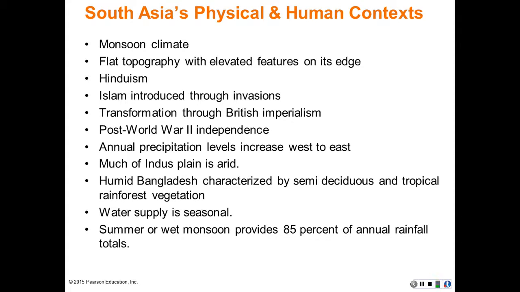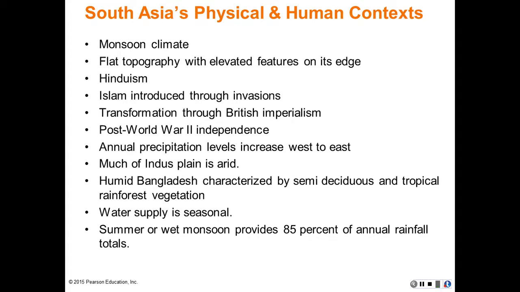Generally speaking, the region is flat with elevated features on its edge, in particular the Himalaya Mountains, creating a separation between the subcontinent of India and China.